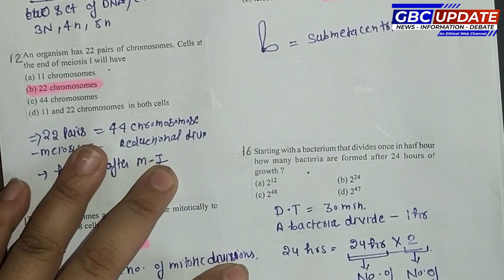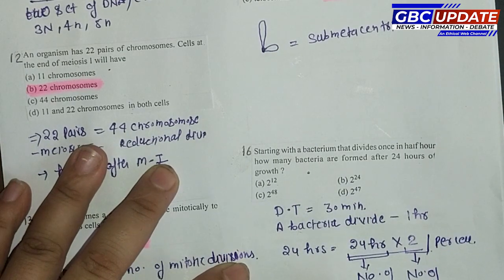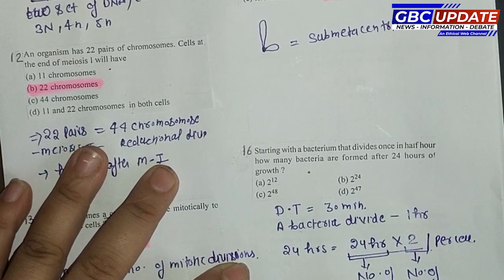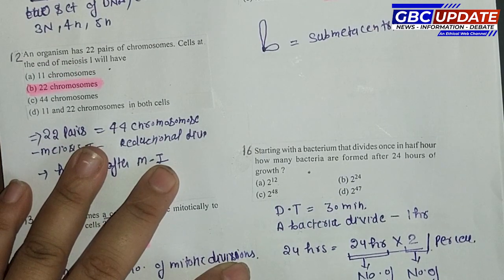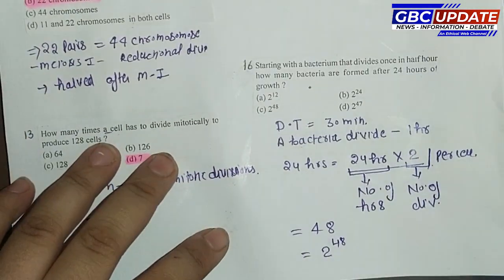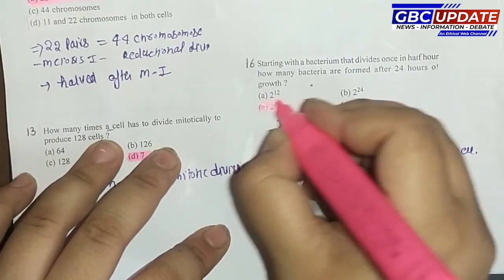So a bacterium is dividing 2 times per hour, so the answer will be 48. So 2 to the power 48 will be the correct answer for this question. The correct answer is C.